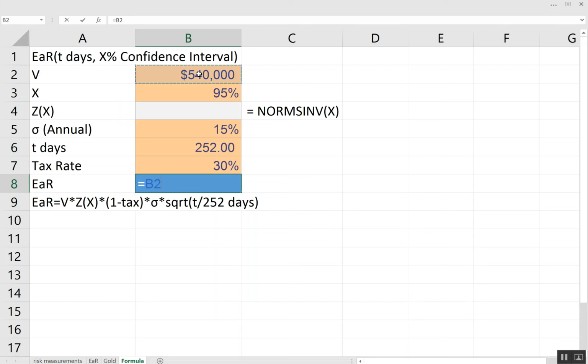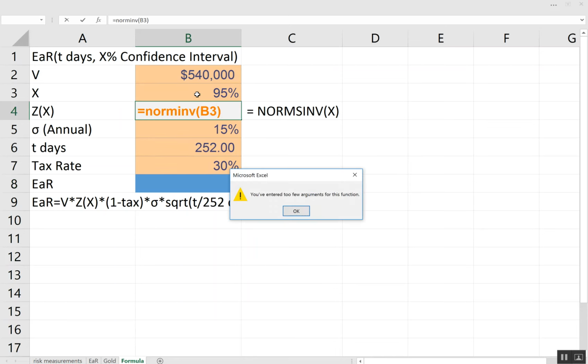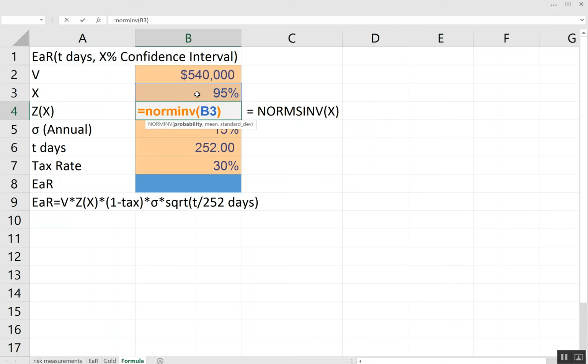So I'll go ahead and put that in. V times Z of X. Well, I need Z of X. Let's calculate that. Equals NORM.S.INV of 95%. So there's my 1.645.